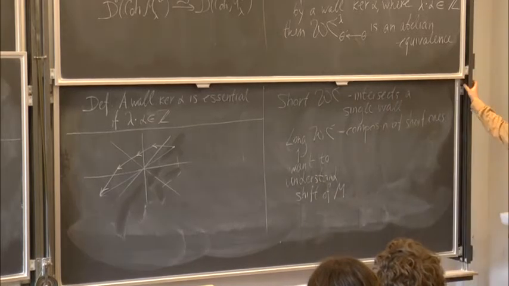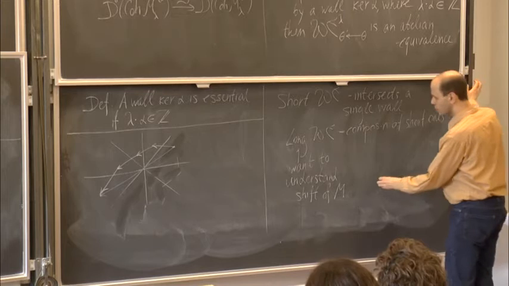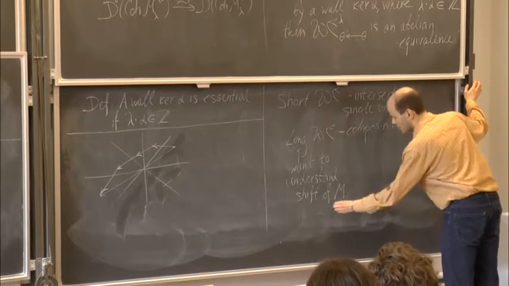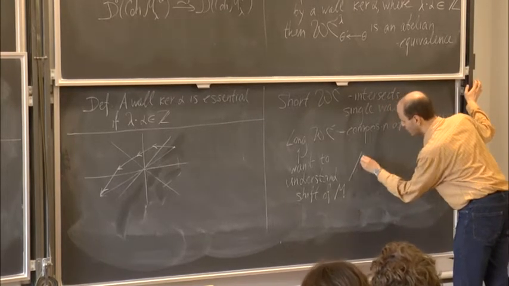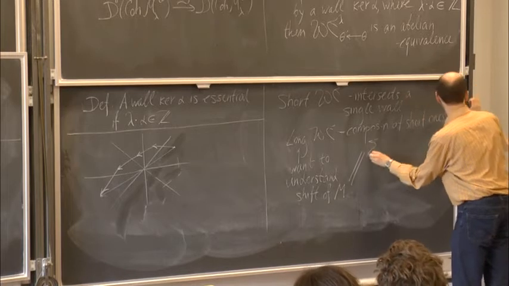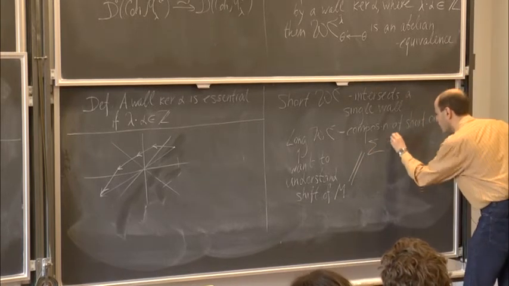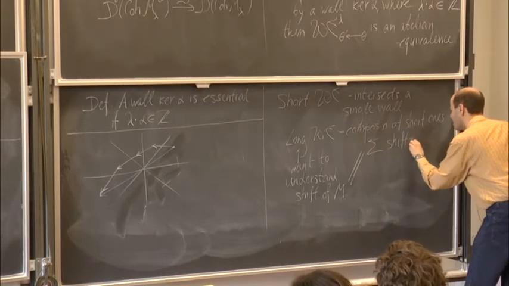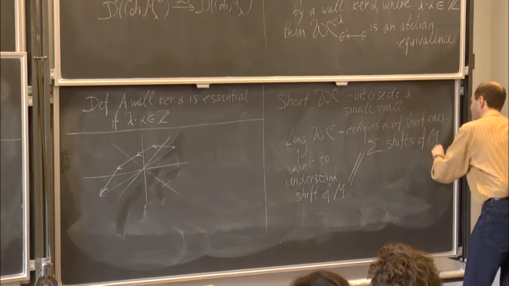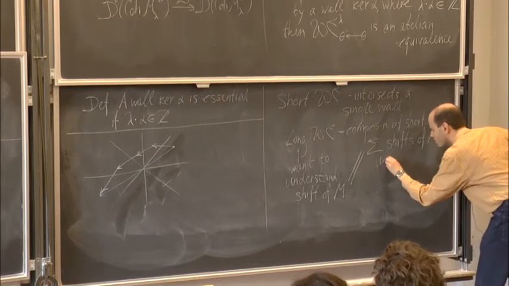Now let me make a statement which doesn't make sense. So this shift should be equal to the sum of shifts of M under the short functors.